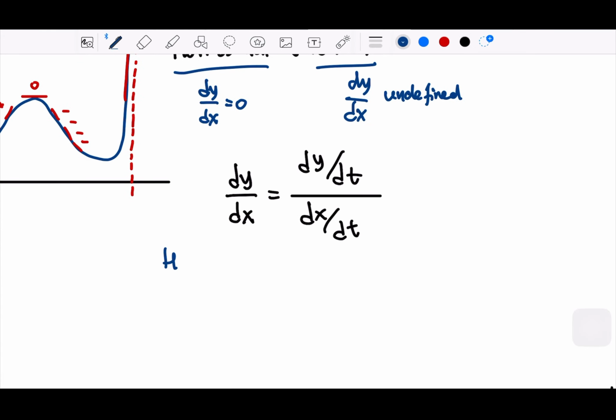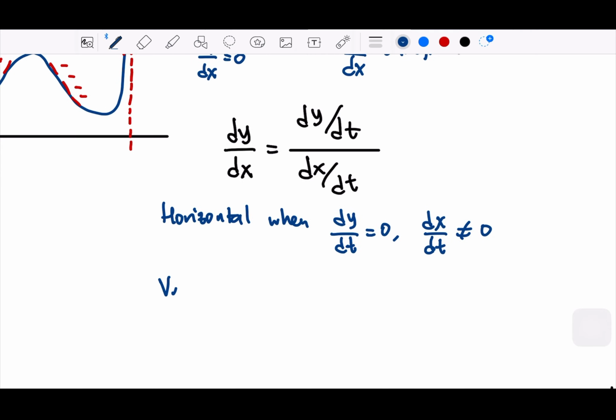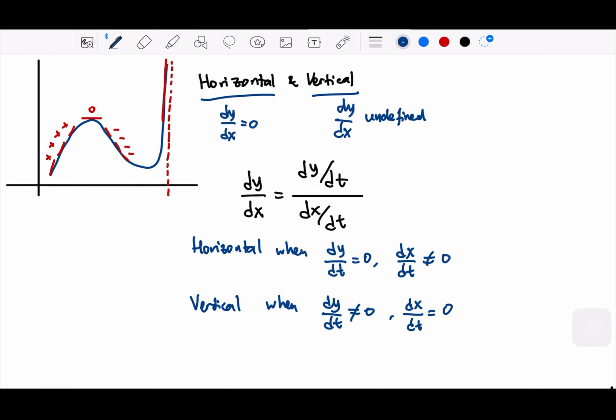So horizontal is when dy/dt is 0 and dx/dt is not 0, and vertical is when dy/dt is not 0 and dx/dt equals 0.